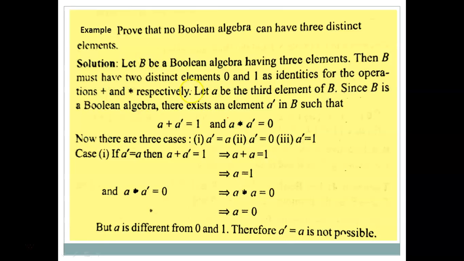So first we consider an illustrative example. Example 1: prove that no Boolean algebra can have three distinct elements. So in this case, how shall we prove?